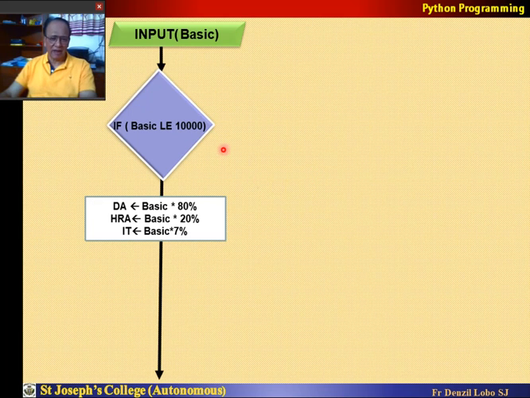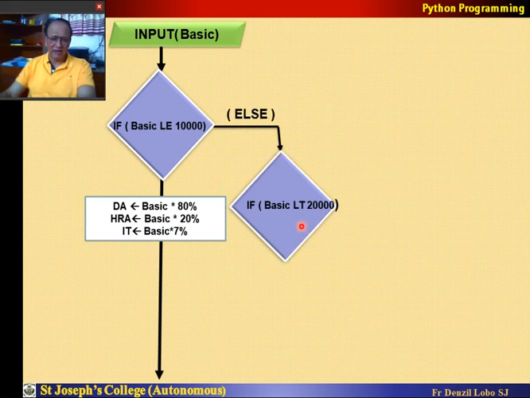So let us see. First we enter basic. Then I ask if basic is less than or equal to 10,000. As I said, DA is equal to basic into 80%, HRA is equal to basic into 20%, and IT is equal to basic into 7%. That is how we calculate if the basic is less than or equal to 10,000.